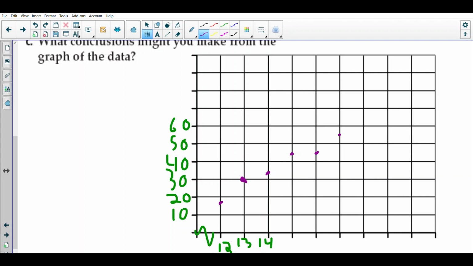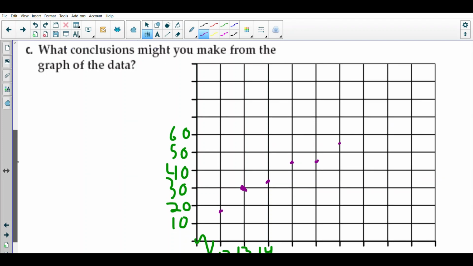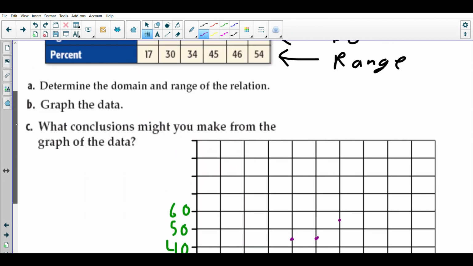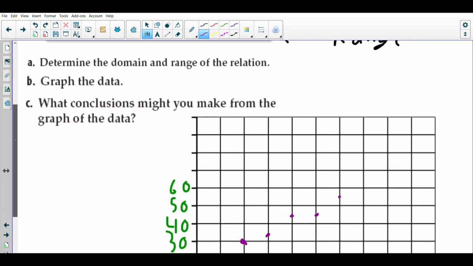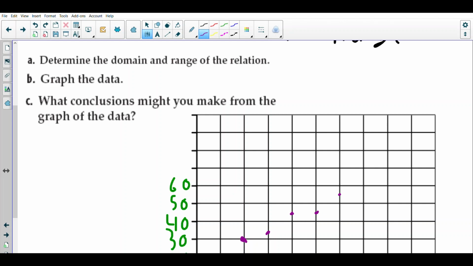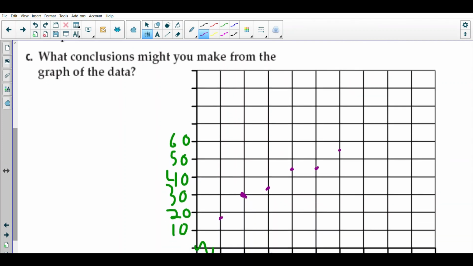So there is my graph. So what can we conclude? We can conclude that the older students get, the more they will use their text messaging. Because as we can see, our graph goes slightly uphill if we were to follow it.